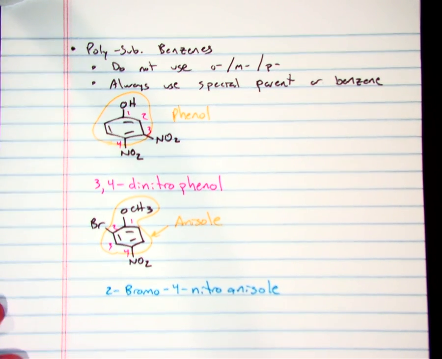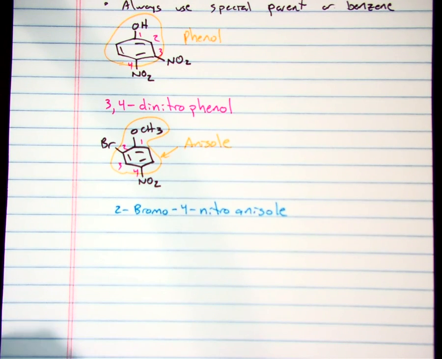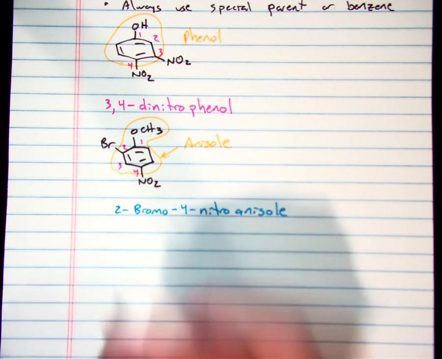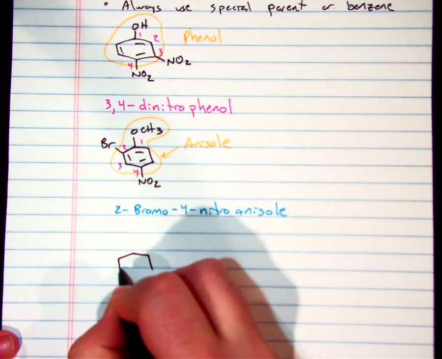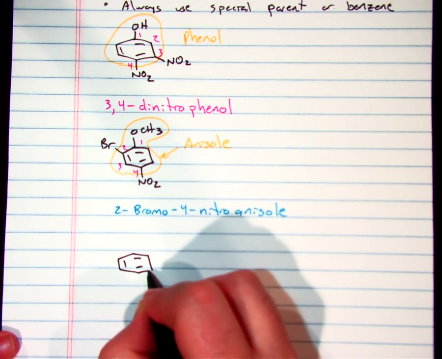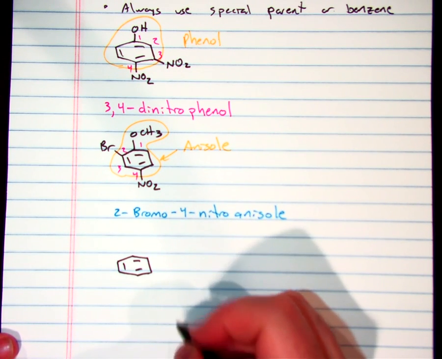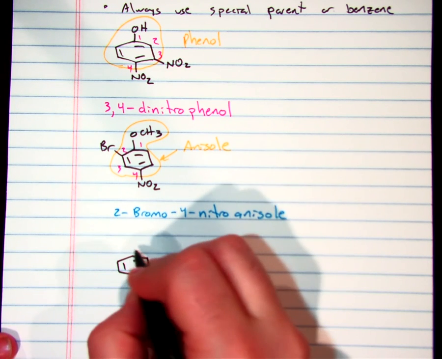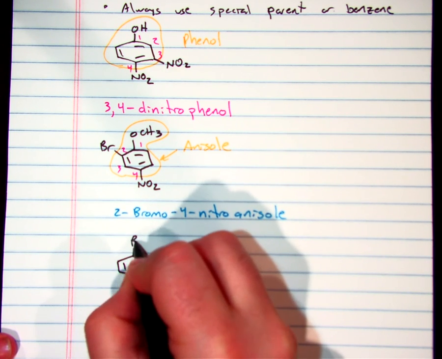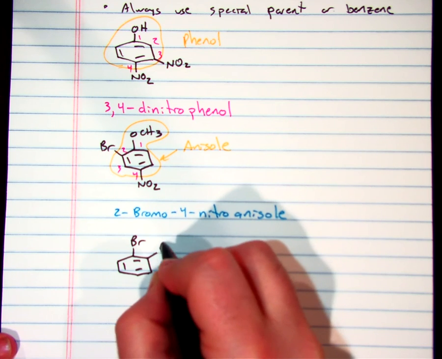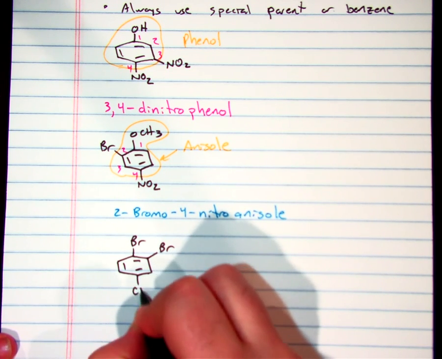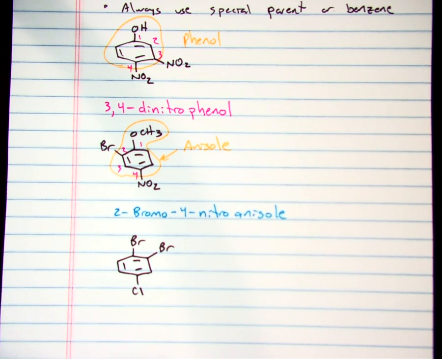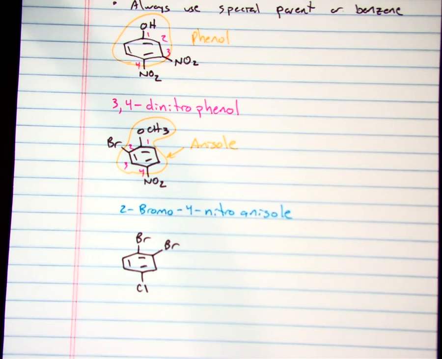If we don't have one of these special parent names, we're just going to use benzene as our base. So if we take a look at something like this, here we have a benzene ring with 2 bromines and a chlorine, and here we would number to try to get the lowest numbers possible.